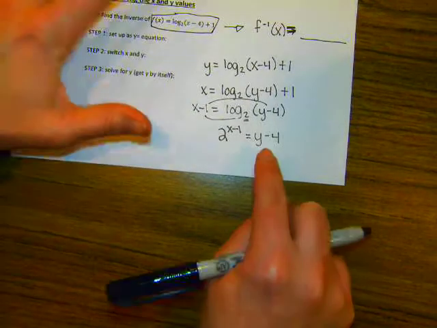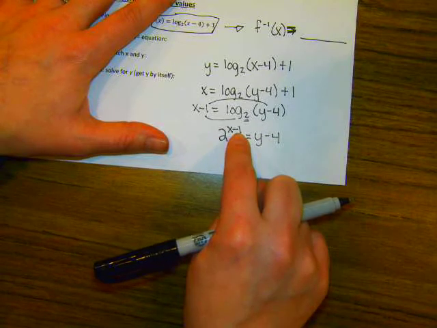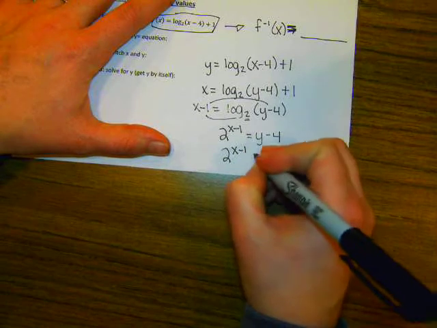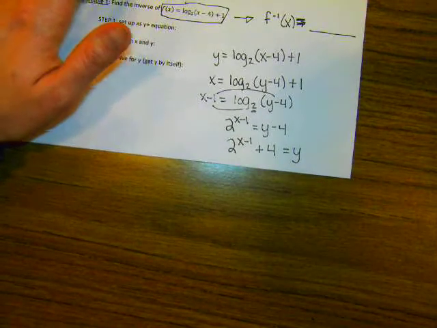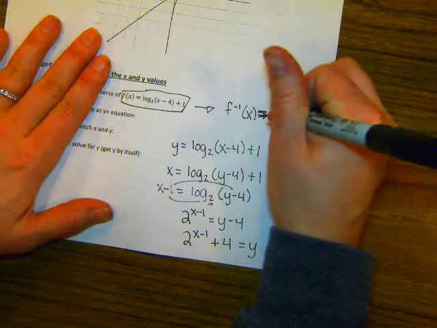Now to get the y by itself, I'm just going to add 4. But remember, you can't add 4 to this -1 because that's the exponent. So you would just write your answer like this. The big thing to notice is that we would write it with the inverse. So I'm going to put it back up here.